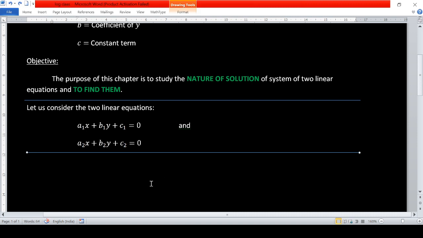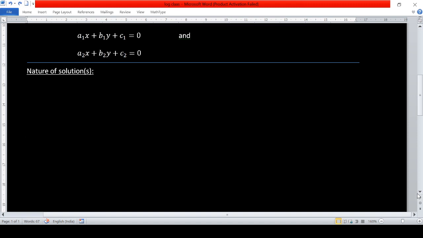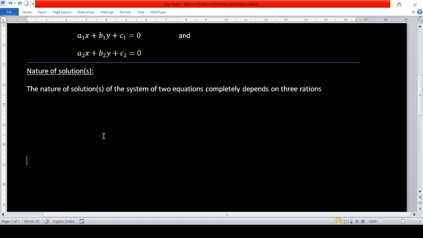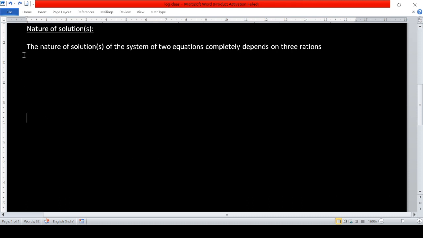That is the next observation. Next, the concept: nature of solutions. The nature of solutions of the system of two equations completely depends on three ratios. What are the three ratios?